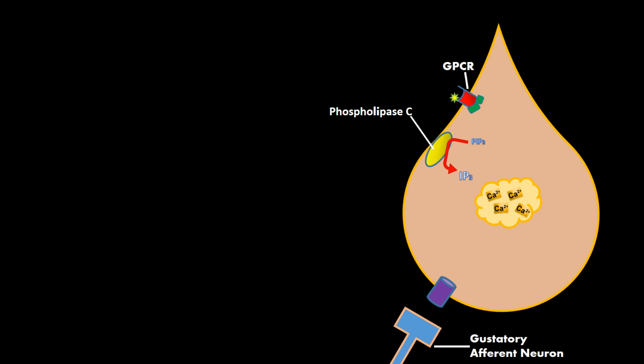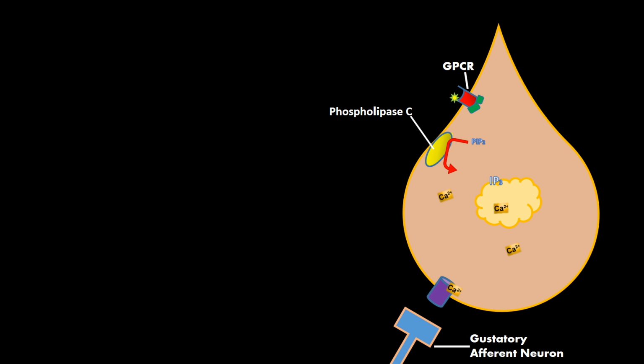IP3 is then going to travel over to the smooth endoplasmic reticulum of the gustatory cell, and it's going to cause a calcium release. You should know by now that when calcium exits the smooth endoplasmic reticulum in any cell, it causes a whole host of changes. Within the bitter, sweet, and umami pathways, the calcium mainly causes the release of ATP.